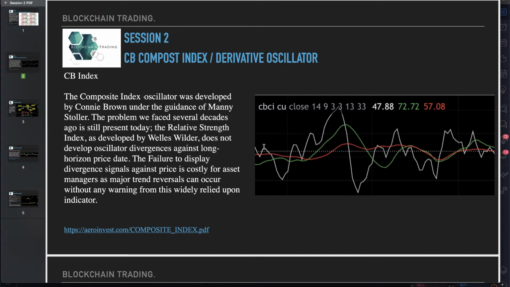The failure to display the divergence signals against price is costly for asset managers, as major trend reversals can occur without any warning from this widely relied upon indicator. What we have from the CB index is that there are no ranges. This is going to be the biggest change from the RSI.